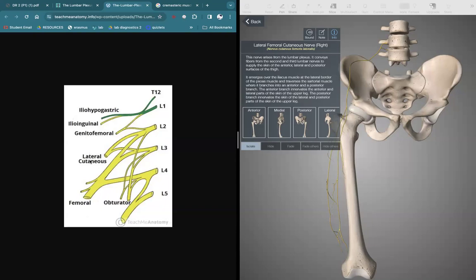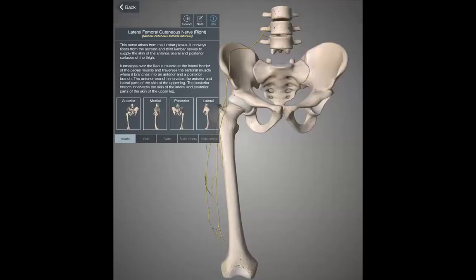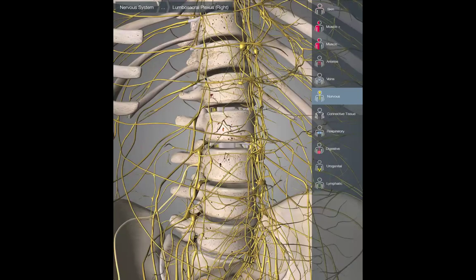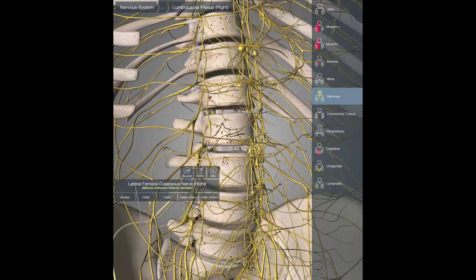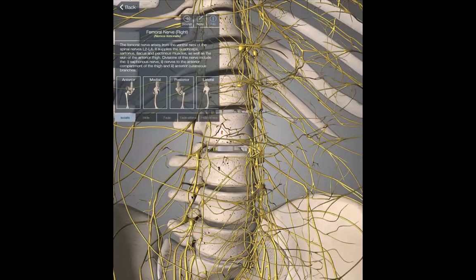Okay. Now we're going to dive into L2, L3, giving rise to the femoral nerve. The femoral nerve is here. L2, L3 is this one. Isolate.